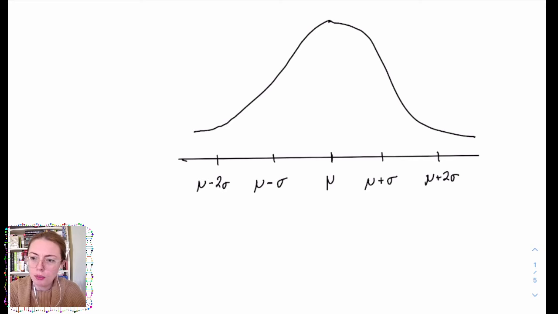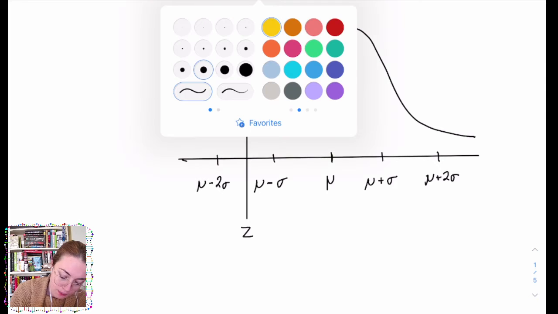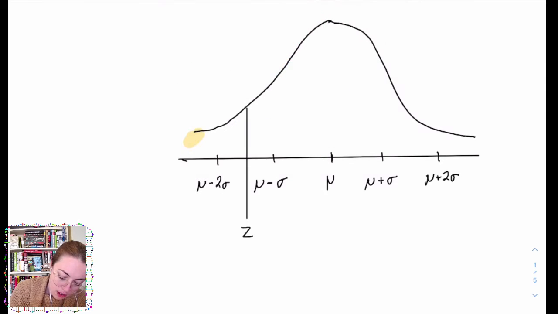So then what we know from here is that any given point on that curve has a corresponding z, which is kind of like your x point where you are along that number line. And you also have this area underneath the curve to the left, and that is your p-value.